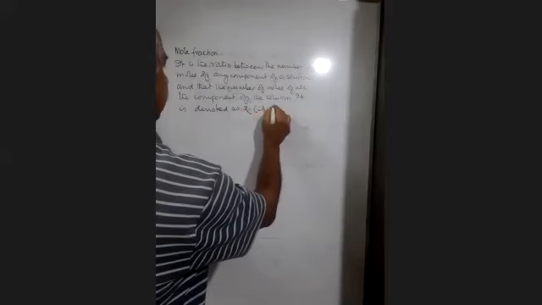Now it is denoted as, see there, this is not X. See, this is longer. So this is called chi. This is a Greek letter. Okay? Let me write now.